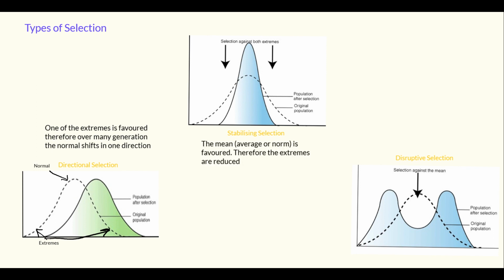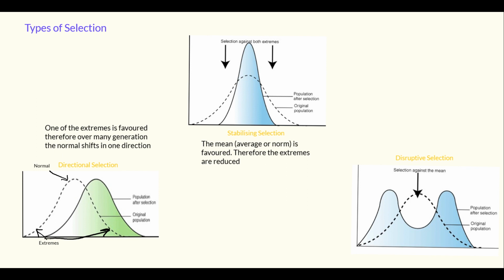In stabilizing selection, the mean or the average of the normal is favoured, therefore the extremes are reduced. A common example of this is birth weights. Think about hundreds of years ago. If a baby was too small and was premature, it would be unlikely to survive. Therefore, the smaller side of the scale would have been eliminated.